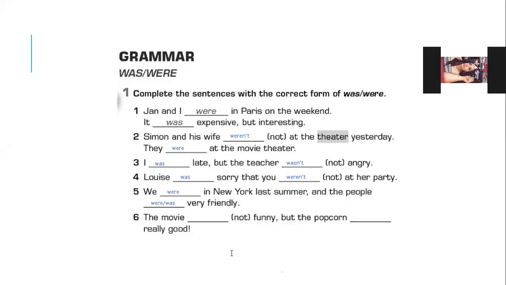Cuando usamos people para referirnos a un grupo de personas, se convierte en un collective noun y puede ser was. Entonces, creo que en este contexto lo más apropiado sería were, pero si usas was, pues puede que te estés refiriendo a un grupo de personas, right? So, up to you. Ustedes elijan.